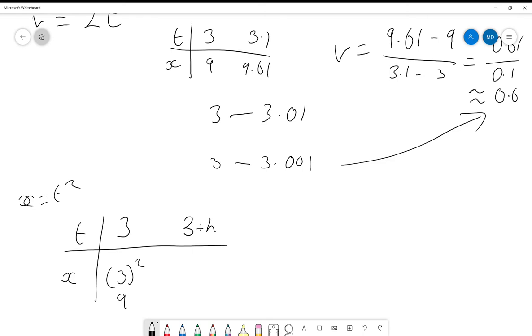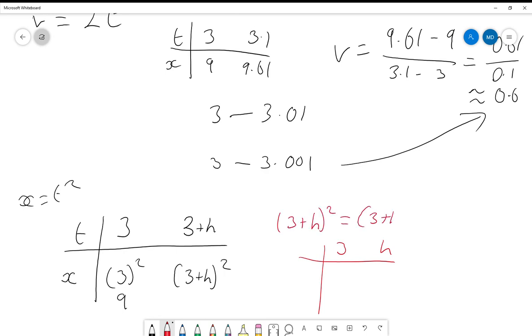And here the x is going to be (3 plus h) squared, which is going to be, let's expand it out properly. Make sure it's clear. Let's take a moment and remember that (3 plus h) squared is equal to (3 plus h) multiplied by (3 plus h).